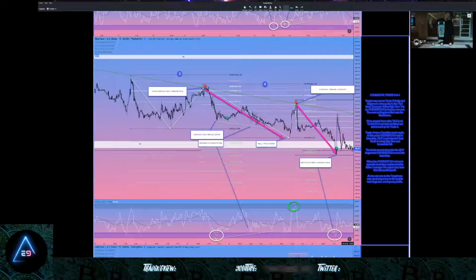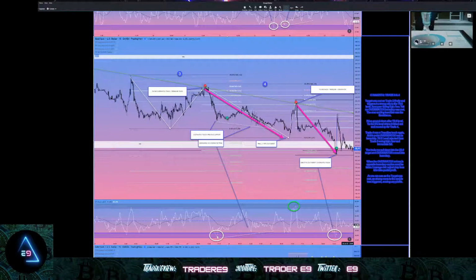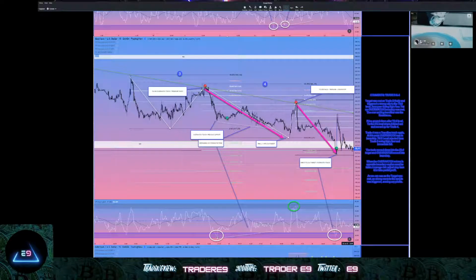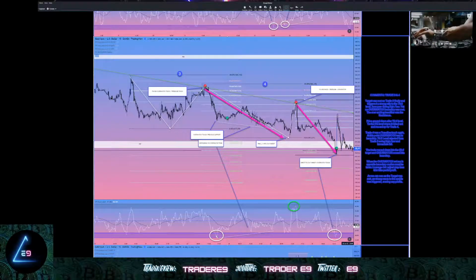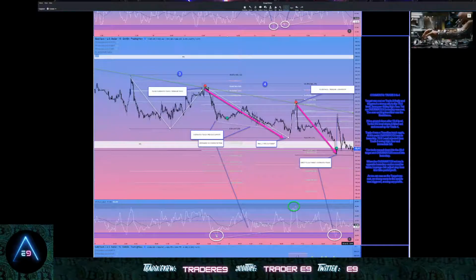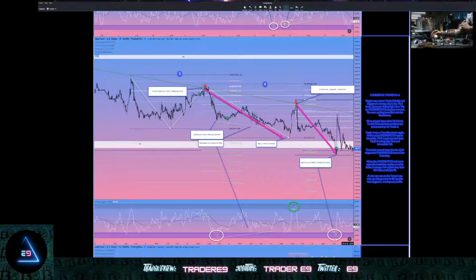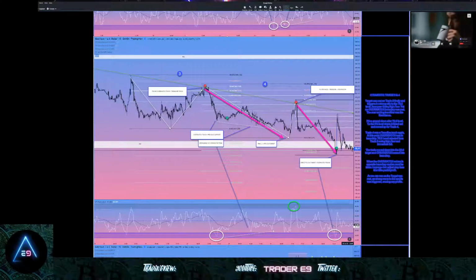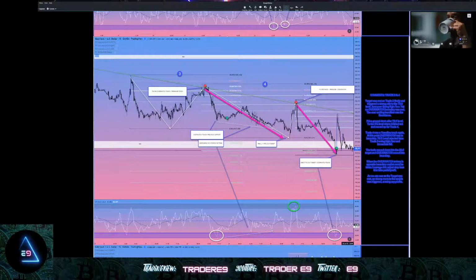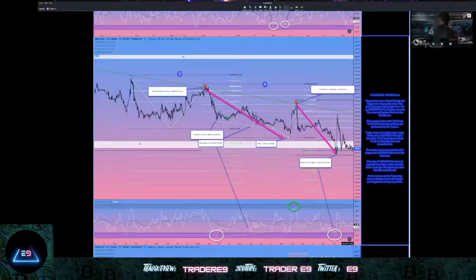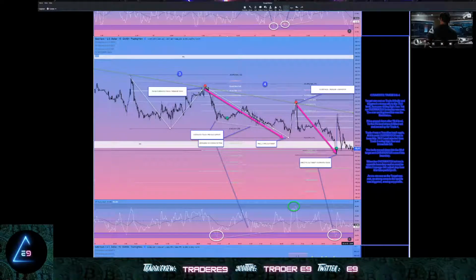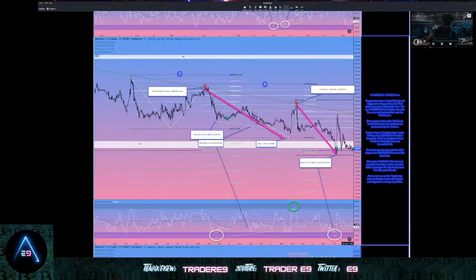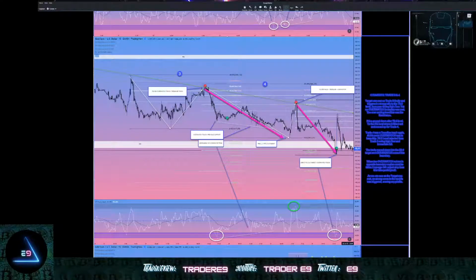So you need to catch it the first time when it hits into the boundary, and then what happens after? Is it going to go into the boundary again? Is it going to print divergence? Now at this point, it's had 3 divergences. Even if you start to enter on this one, which would be around here, every time it's moving into profit, but then it comes back down and stops you out.